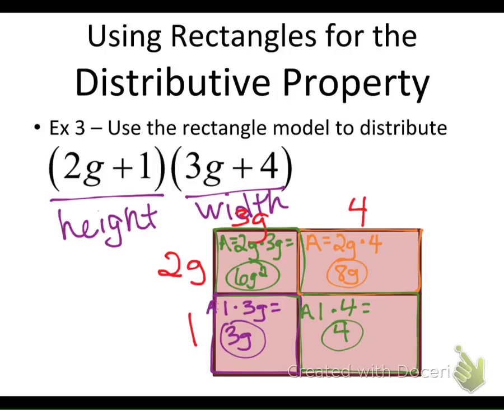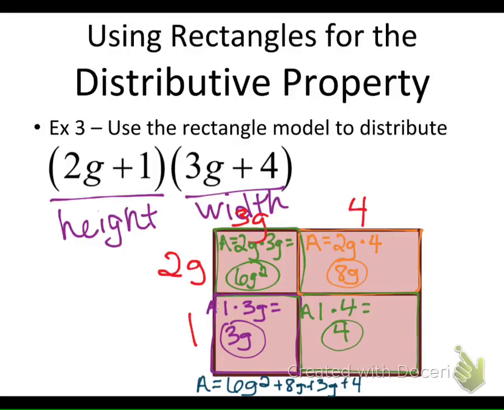You have to do your like terms. A equals 6g squared plus 3g plus 8g plus 4. Combine your like terms.